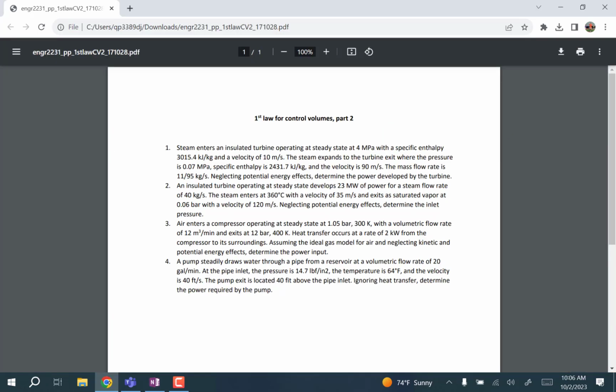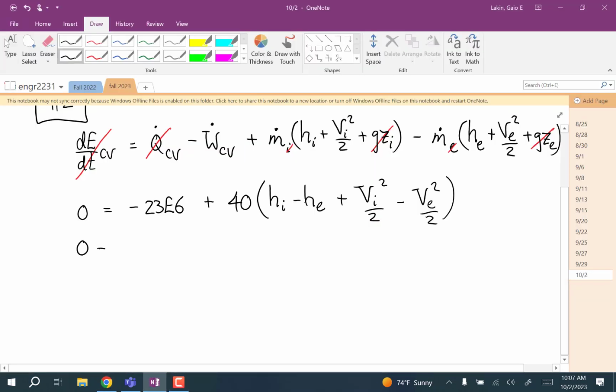At the inlet, 35 meters per second. So plus 612.5.